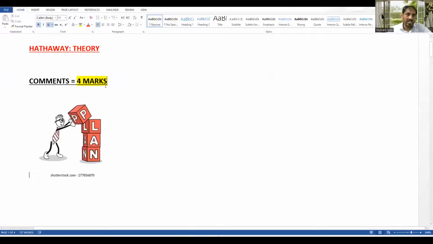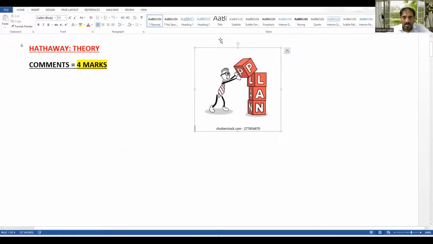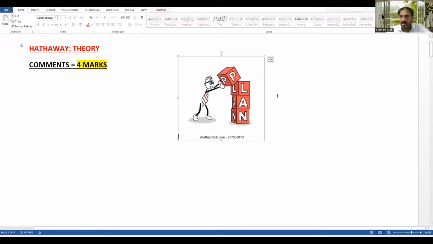If we move towards the theory part, for example, Hathaway comments. What you are viewing in front of your screen, a picture, what is it called? That is called planning.